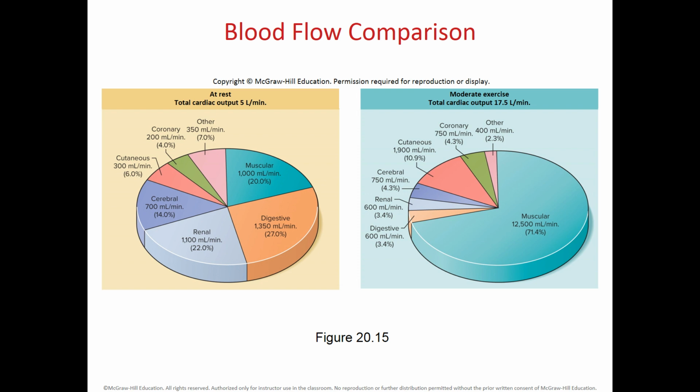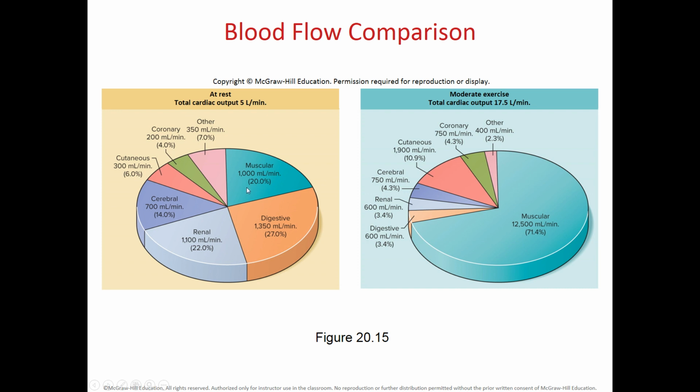So this is a pie chart, or a couple of pie charts, showing you the blood flow comparison between rest and moderate exercise. So during rest, you have a cardiac output of 5 liters per minute, and you distribute proportionally this blood flow along the different systems or organs.